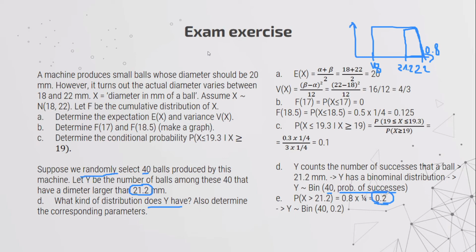So in the end, the parameters of our binomial distribution is Y, the binomial distribution of 40, which is the total number of balls that we're having in our experiment, and then the probability of having our event. And the event is having a ball with diameter larger than 21.2.